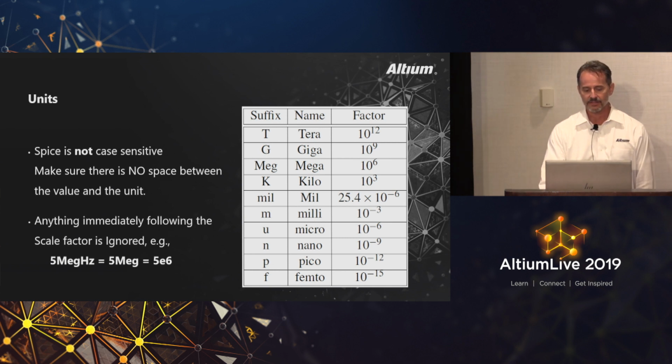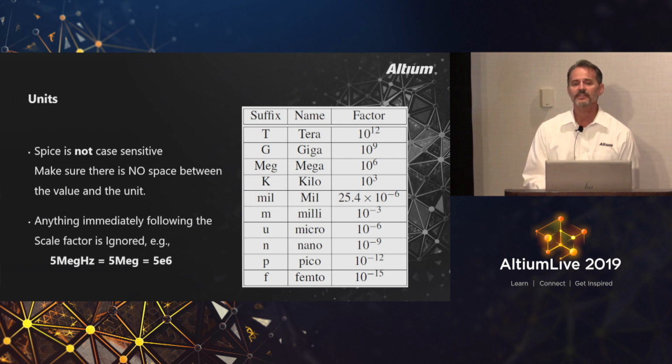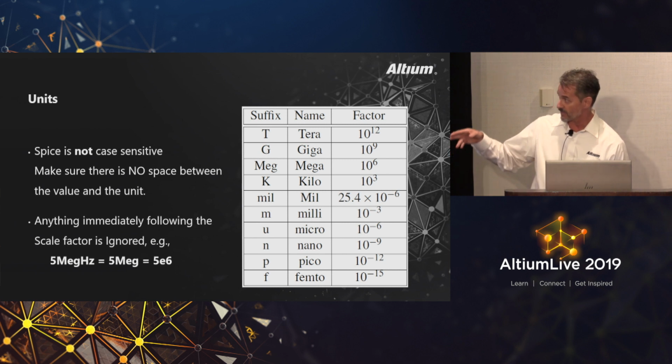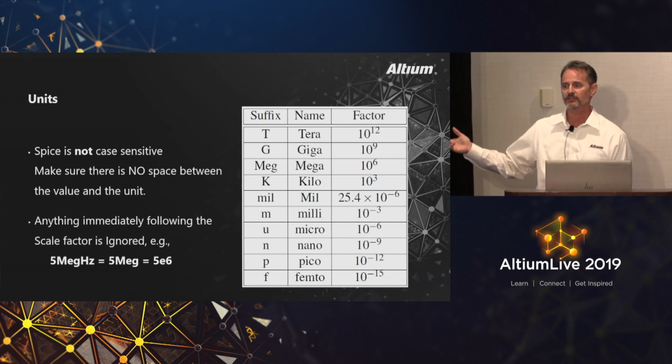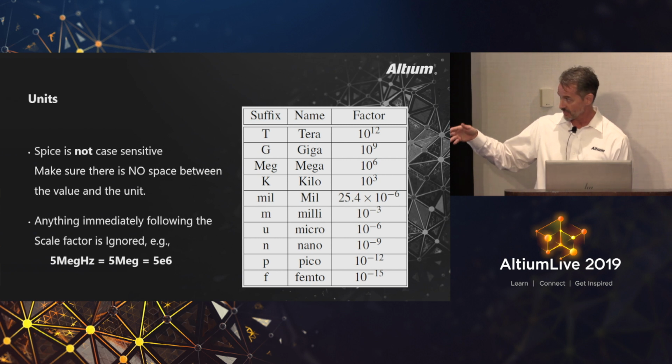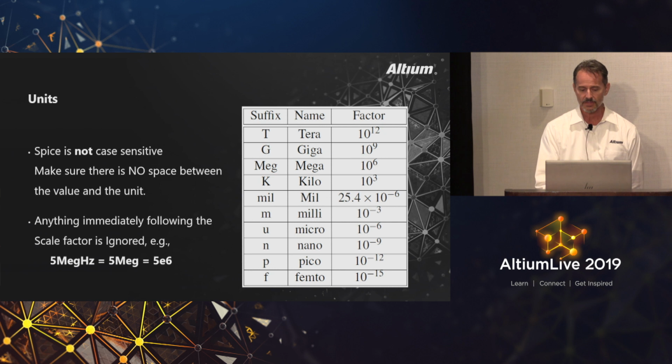Anything after the unit multiplier, it just ignores. Down here at the bottom, I have 5 meg HZ, 5 megahertz. If it's all together, it ignores the HZ at the end, so it equates to either 5 meg or 5E6. You could put in either of those terms and they'll work.